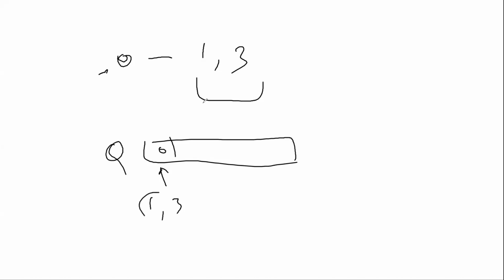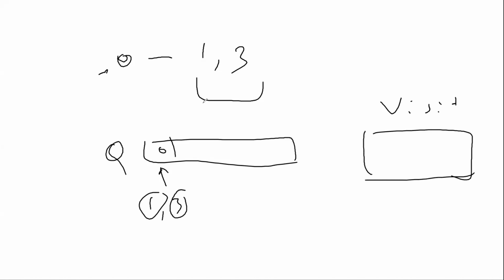I also maintain a visited array here, so in this visited array I first push 0. Then I look for 1 and 3. If they are not in the visited one, I push them in the queue, 1 here and then 3. So now I can visit 1 and 3, and now 0 is gone.